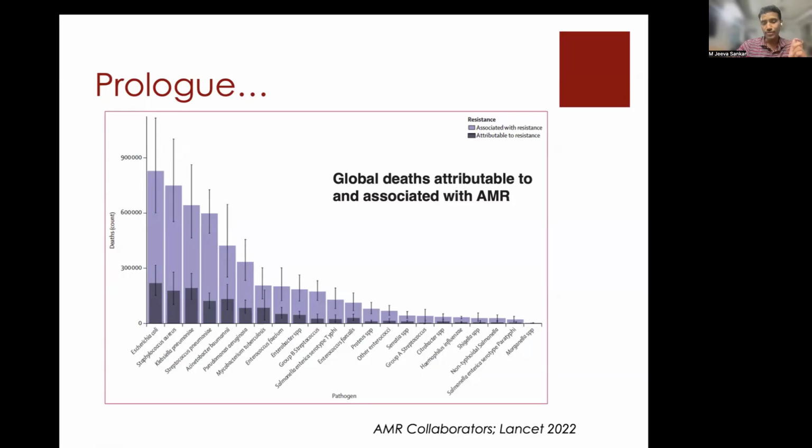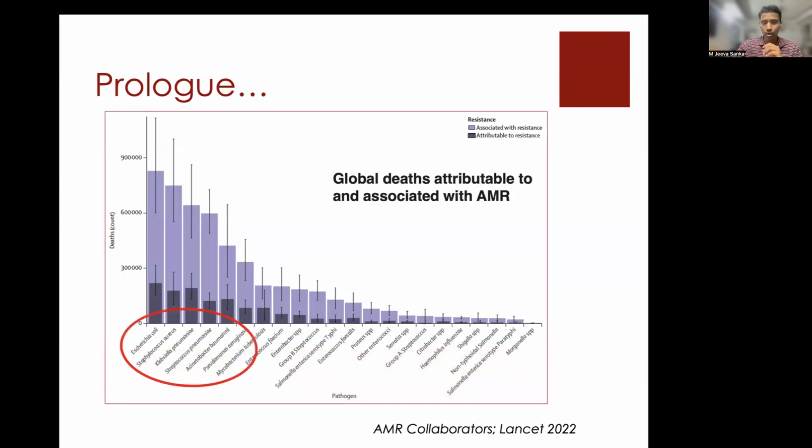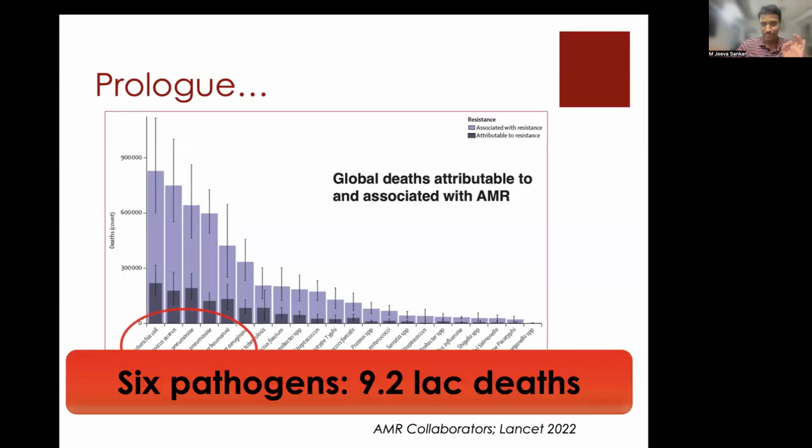And if we take all the deaths that could be attributed to antimicrobial resistance, we have 1.3 million deaths globally across all age groups. That's huge, 1.3 million deaths, of which only six pathogens account for most: E. coli, Staph aureus, Klebsiella pneumoniae, Streptococcus pneumoniae, Acinetobacter, and Pseudomonas. These are six organisms.